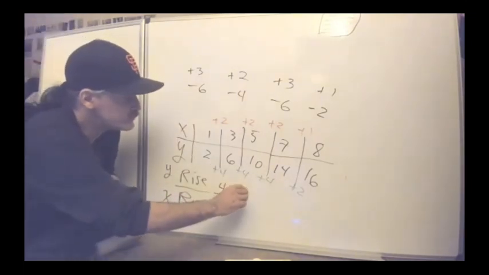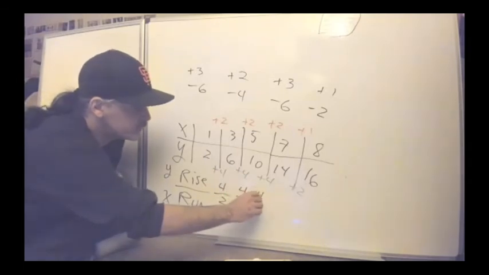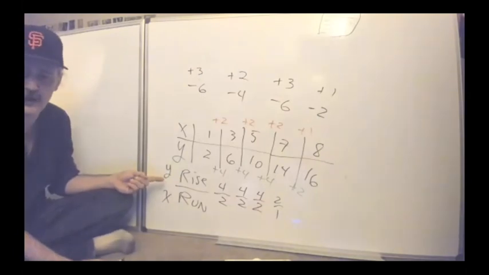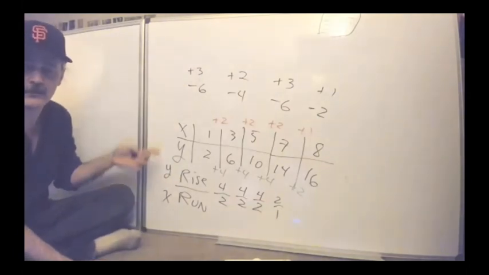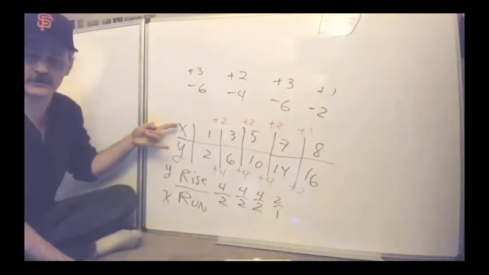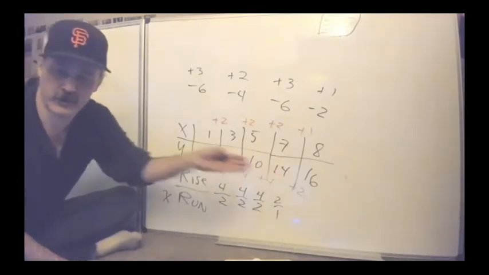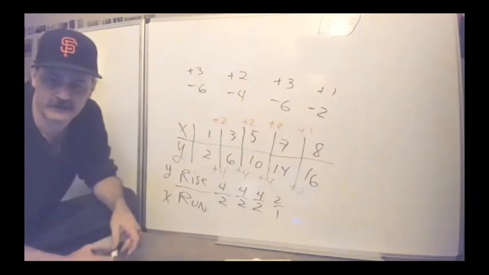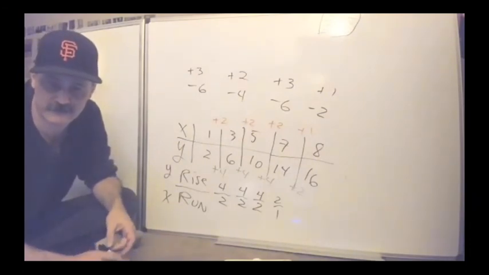Now, I know that's a little weird, but that's because of the meaning of the rise over the run, which refers to the y's over the x's. But when we make tables, we tend to do the y on the bottom row and the x on the top row. And so that's just one of the things that is tricky about math.